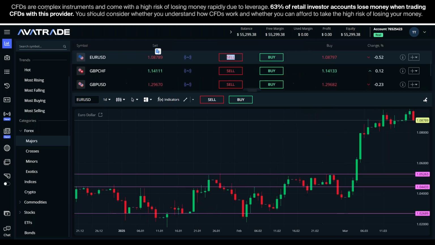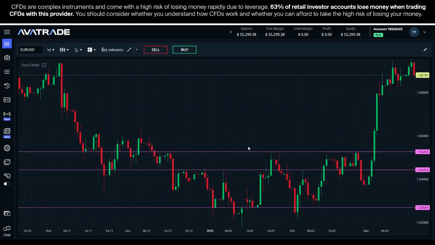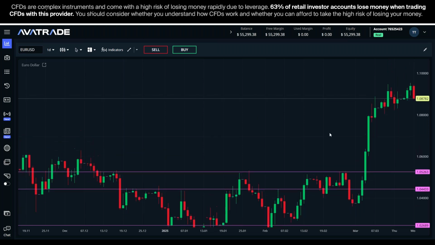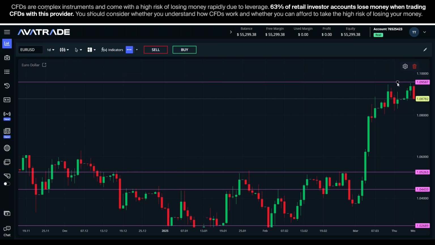So let's get rid of that window, expand the chart, and we can take a look and we can see on 1 day candles, there's been quite a tear up with the euro against the USD. And so it looks like we've reached a resistance level as far as the 1 day candles are concerned right here.